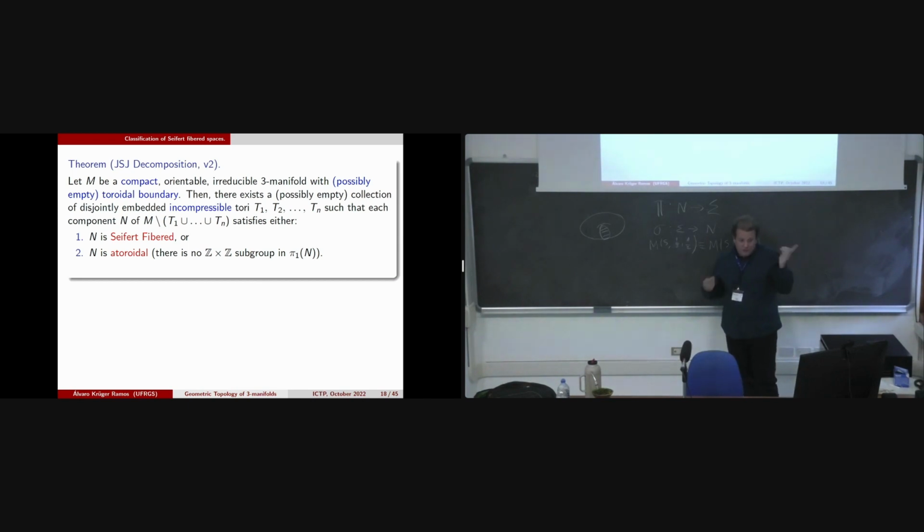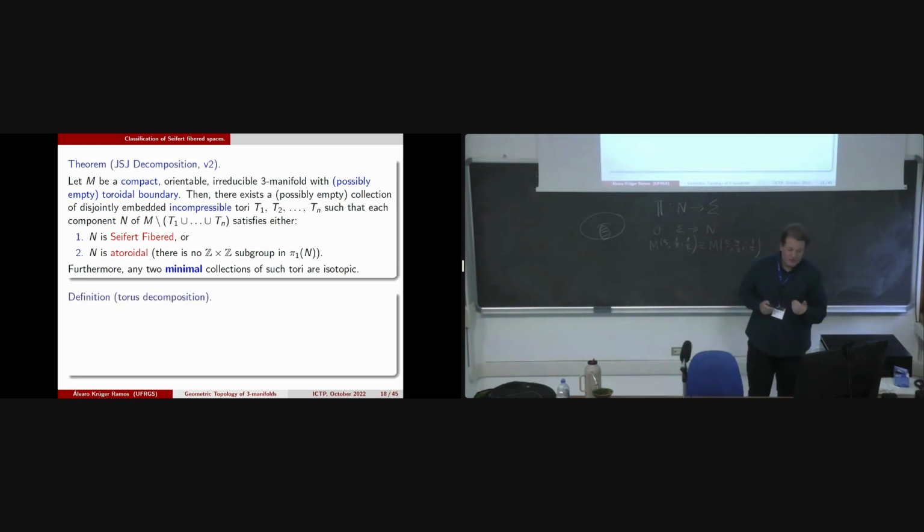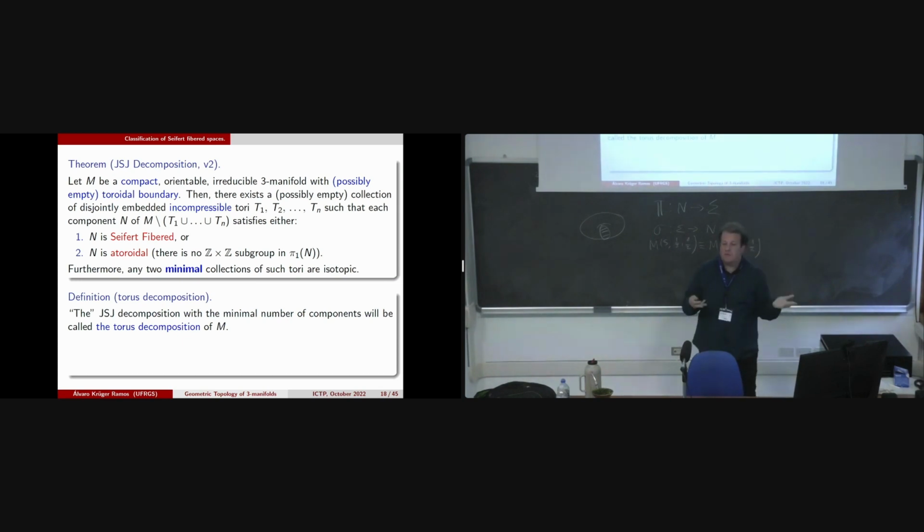And each component is either Seifert fibered or atoroidal. And this is something I didn't tell you yet. Any two minimal collections of these tori are going to be isotopic. So you have a standard decomposition. And this is the definition of the torus decomposition of your manifold.